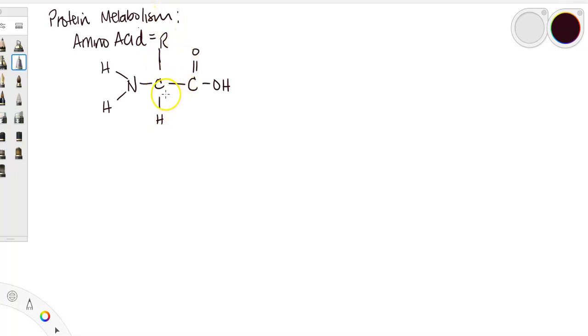So when a protein, which is basically a strand of amino acids, is broken down into its separate amino acids and they are processed or oxidized for ATP, this part here, the amine group, has to be removed.